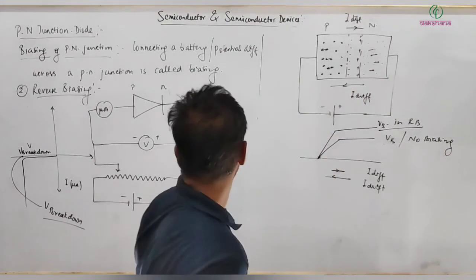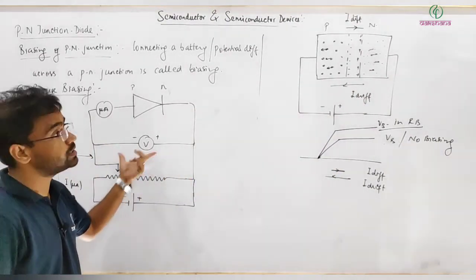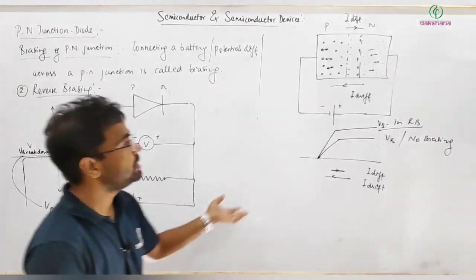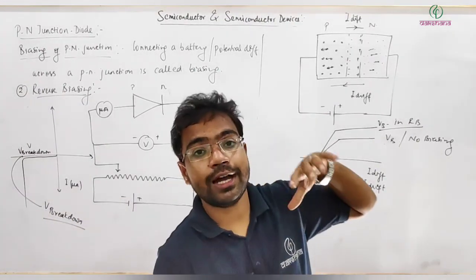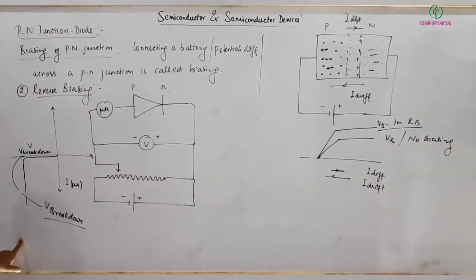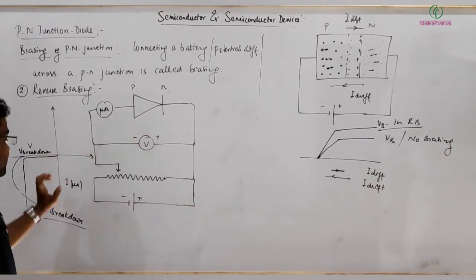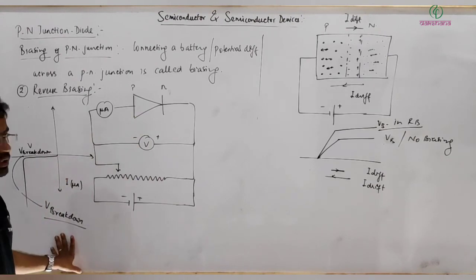When the potential drop across it in the opposite direction becomes very high, a drastically large current flows in the opposite direction. The potential at which this happens, when a large current starts flowing through the PN junction in reverse direction, we call the breakdown voltage.